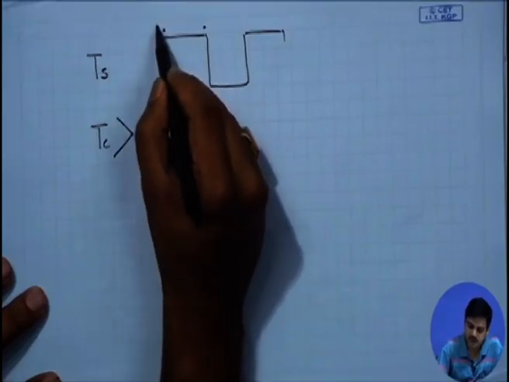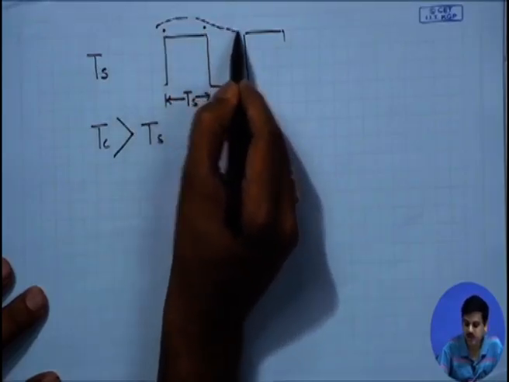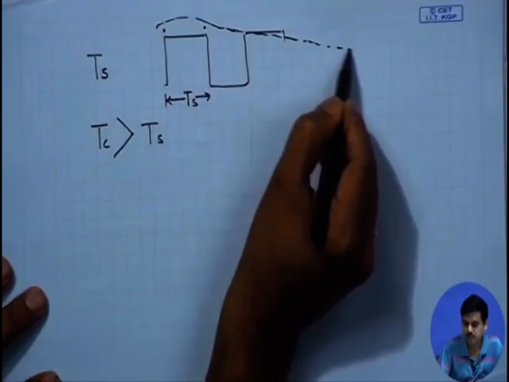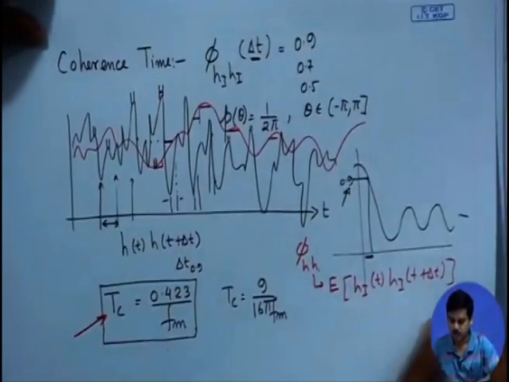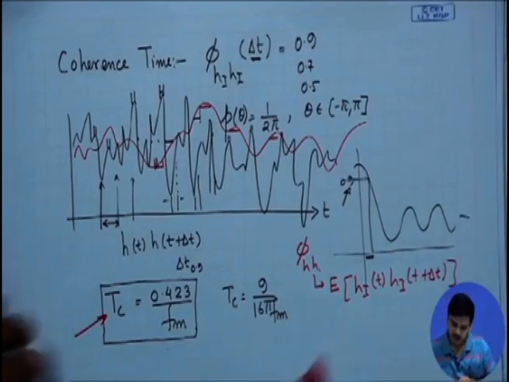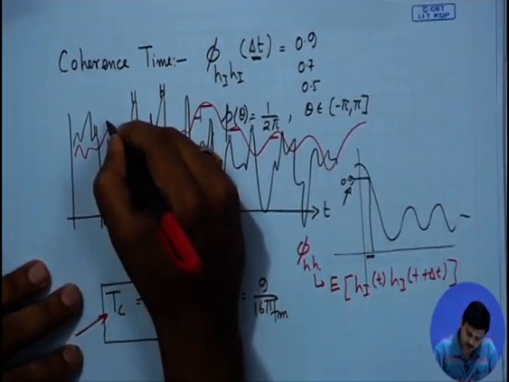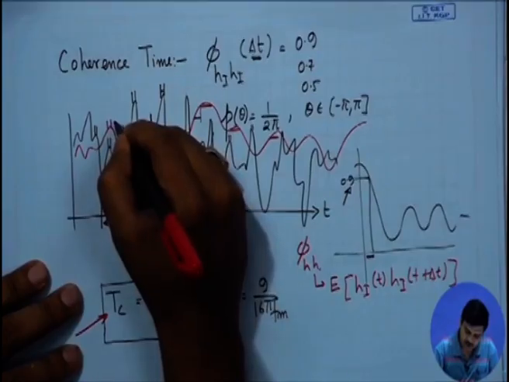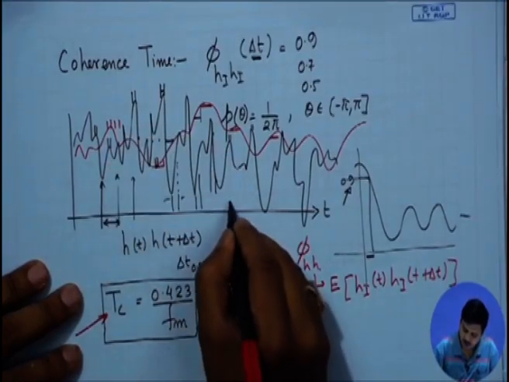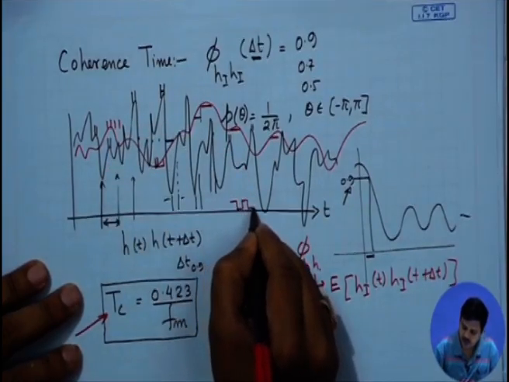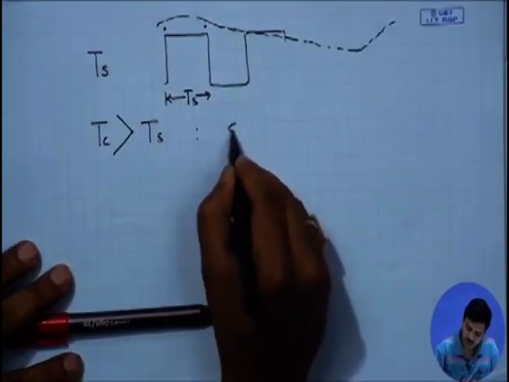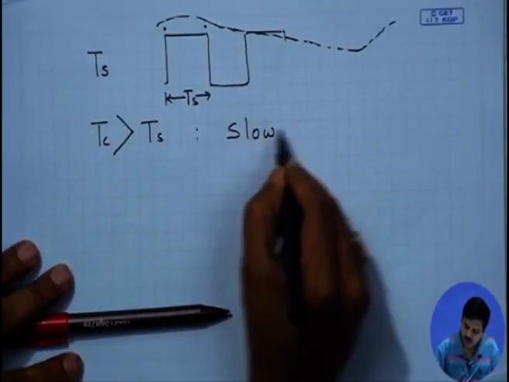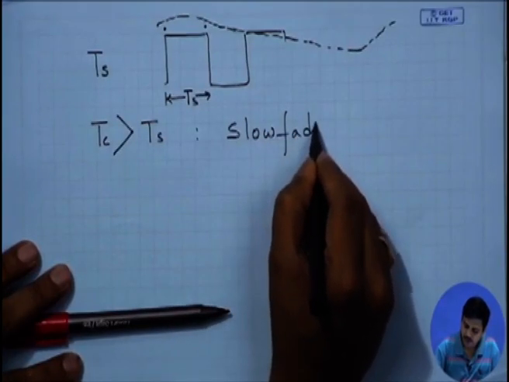So, the channel could be fluctuating in this fashion, or in this picture, corresponding to the red line, the symbol duration could be as small as this. If we have symbols going like this, then that is the situation we are talking about, and what we have is known as slow fading.